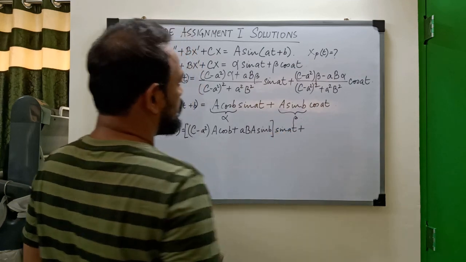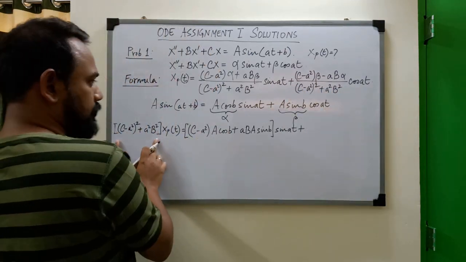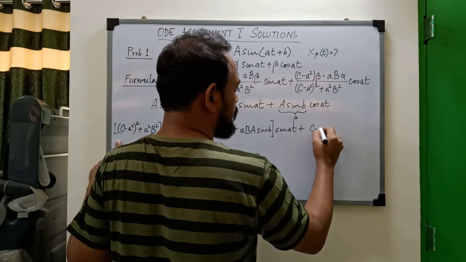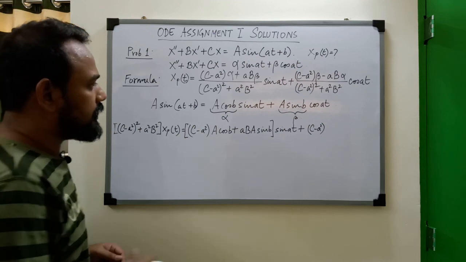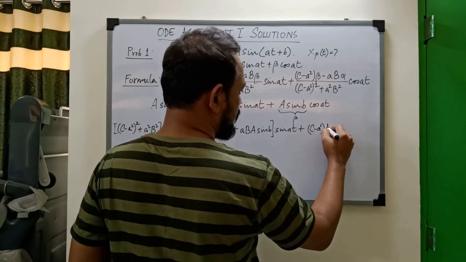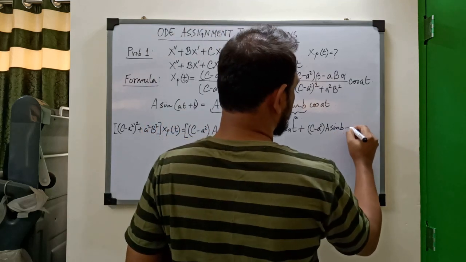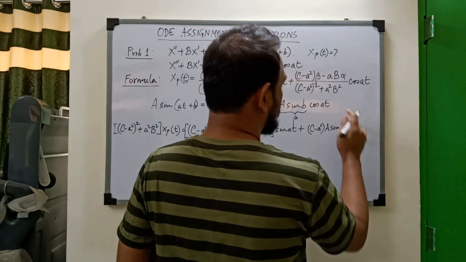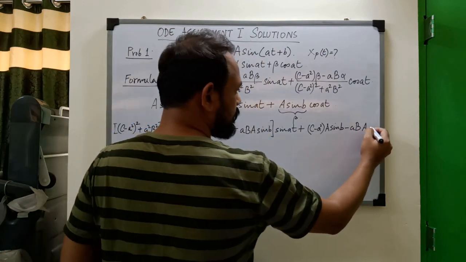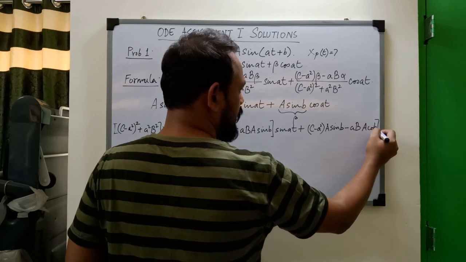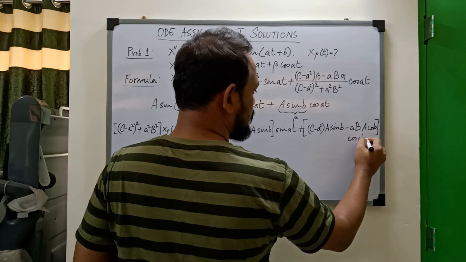And this one goes with cosine at. This has come to this side, I have put that across. So this is going to be C minus a square times beta, which is capital A sine b, minus small a capital B times alpha, which is capital A cosine b, and this whole thing goes with cosine at.